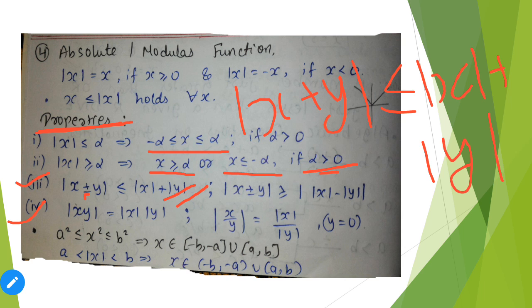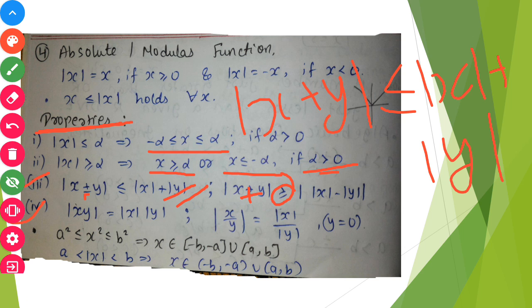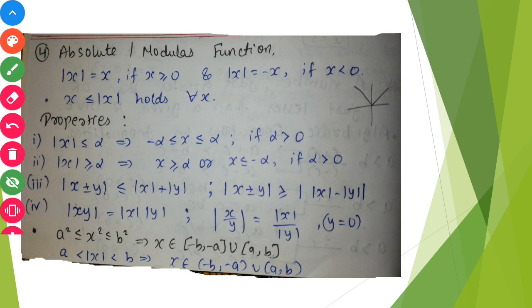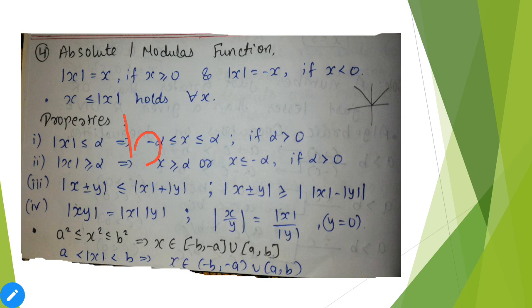Similarly, if it is negative, the inequality sign will change. Here it is mod of x minus y. There is a mistake in writing mod of x minus y. I hope you will correct this.